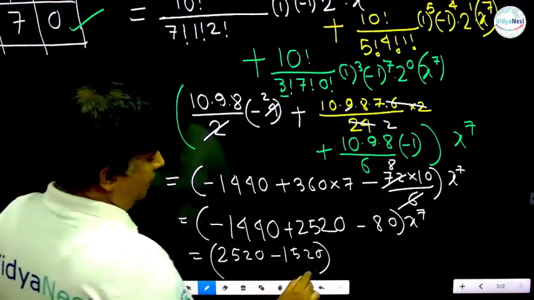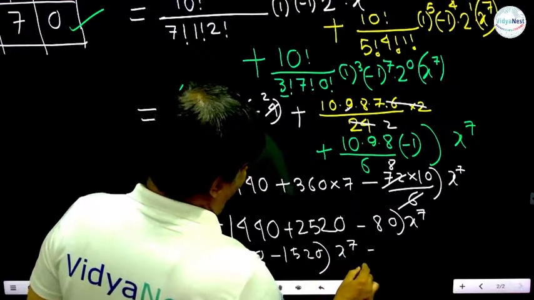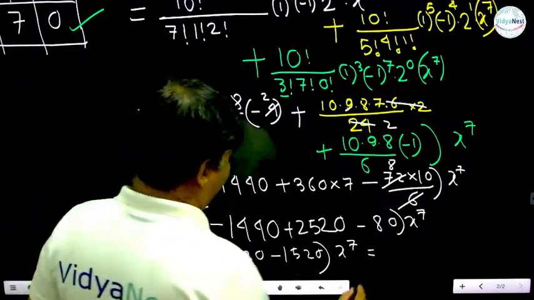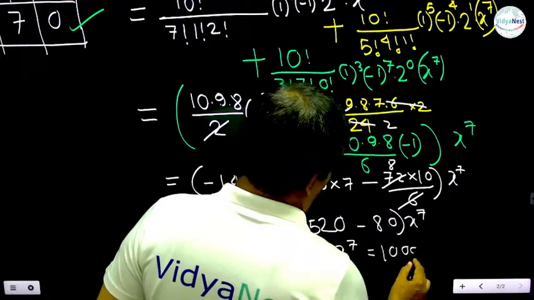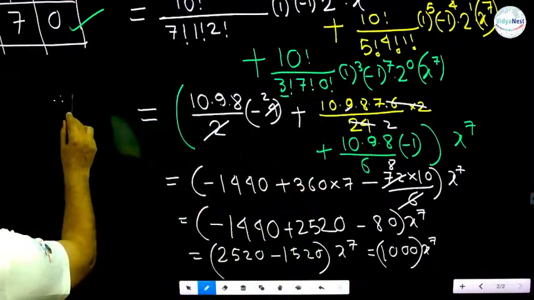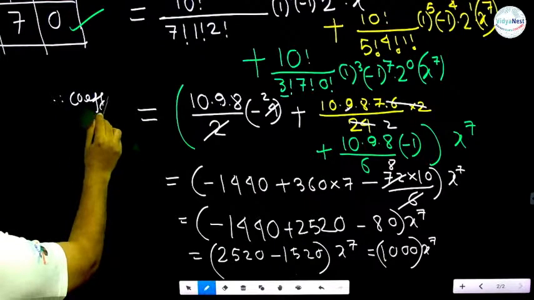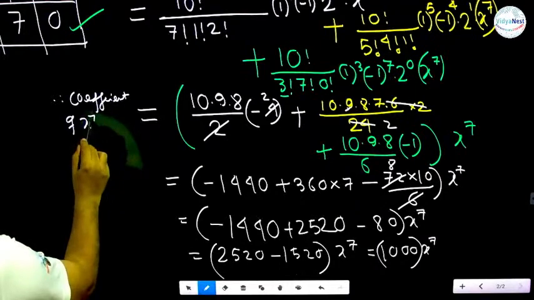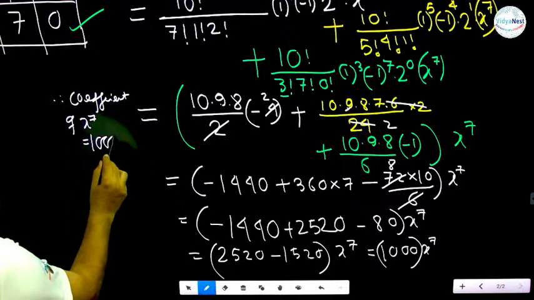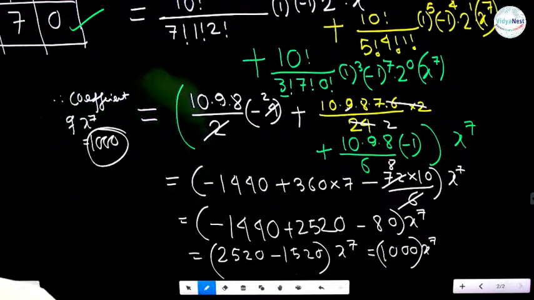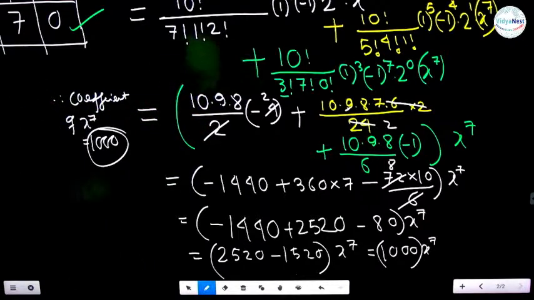Hope you are watching also. If any mistake occurs, must point out. Okay. Okay, sir. So it is 1000 x to the power 7. So the coefficient of x to the power 7 is 1000. Okay. Got it? Yes, sir. Got it.